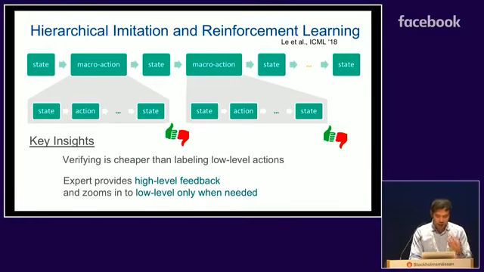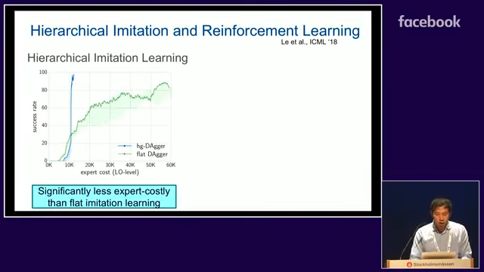Intuitively, when the agent has picked a good subtask but is not able to complete it, that's the only instance where the expert should really micromanage. And we show that these ideas allow significant savings in terms of teachers' effort, as measured by the amount of feedback provided.